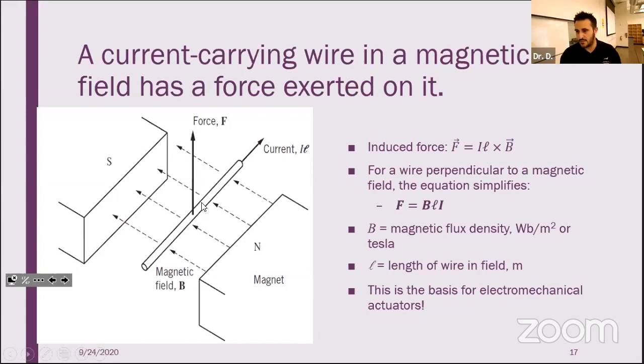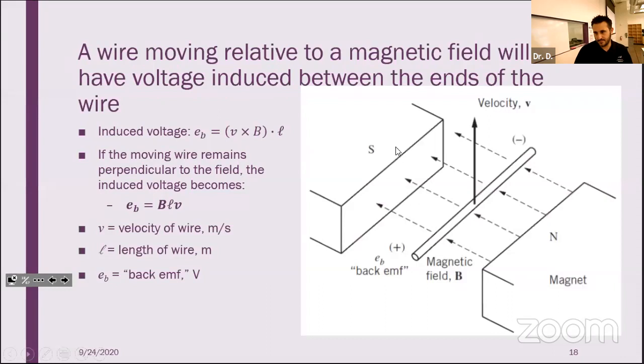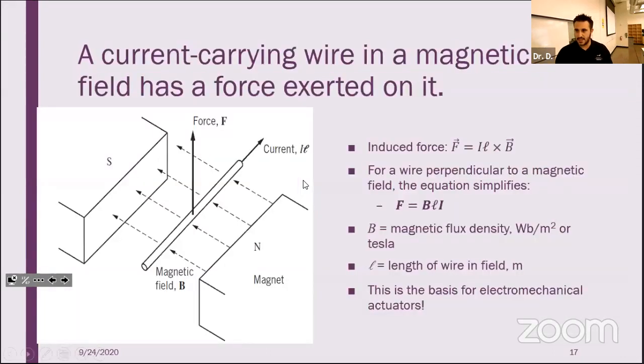So that's important. You might also even see this with an N in here. What would the N indicate? The N indicates the number of curls, the number of turns, in a wire, if we have something like an inductor. You guys okay with this idea, that if I have a current carrying wire in a magnetic field, there's some force exerted on it?